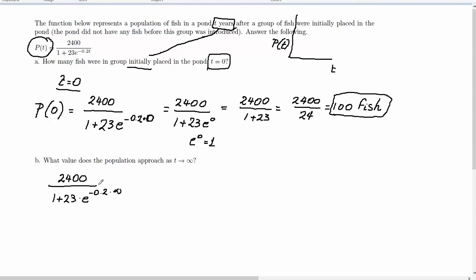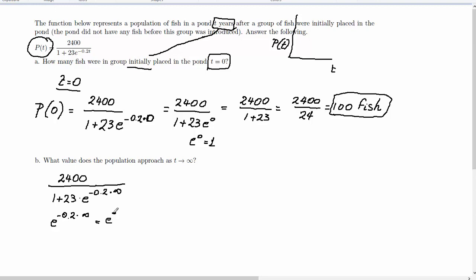So let me just put the infinity here at the exponent. You have infinity, and this infinity is multiplied by negative 0.2. Let's focus on the e. So what do we have? We have e to the negative 0.2 times infinity. This is going to be nothing else than just e to the negative infinity, because a negative number times a huge number is going to be a negative number.